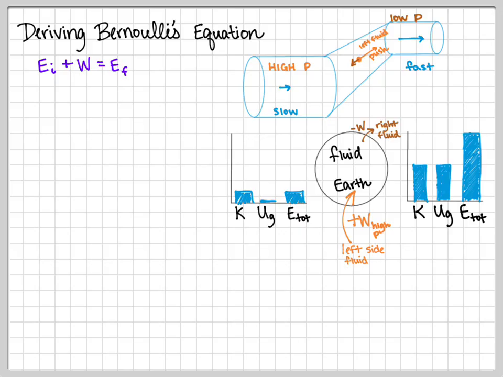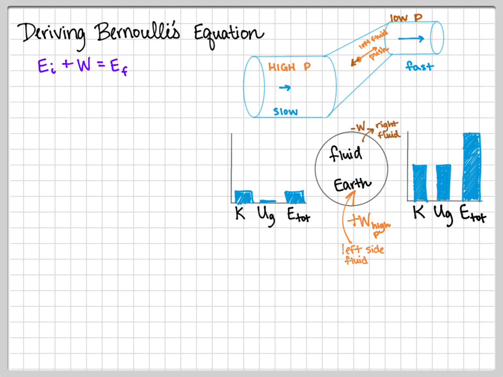It's like pushing back against it. But that rightward push, like from behind, is bigger, and overall, more positive work is done by the high pressure side than the low pressure side.